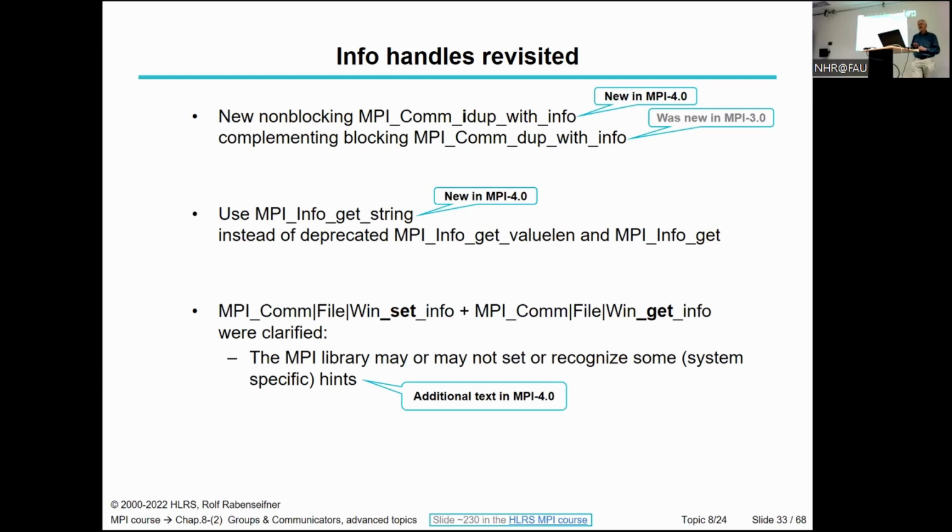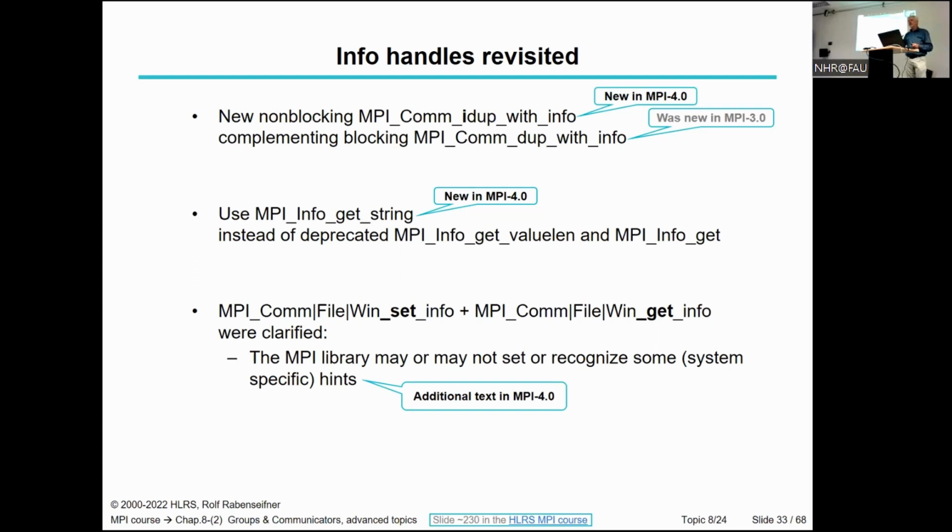Yes, and in principle, they also added additional text on this principle of set info and get info, because in principle that was only true in MPI 2, that the get info of a communicator or file or window handle will not return what you set.